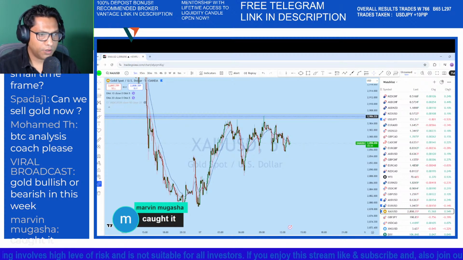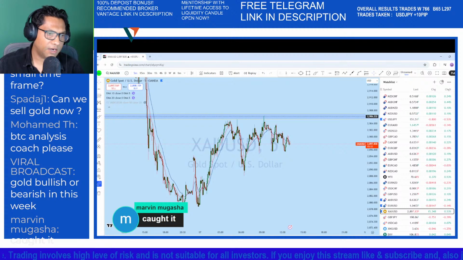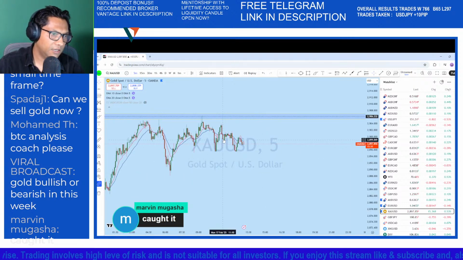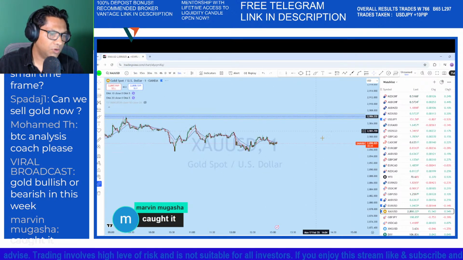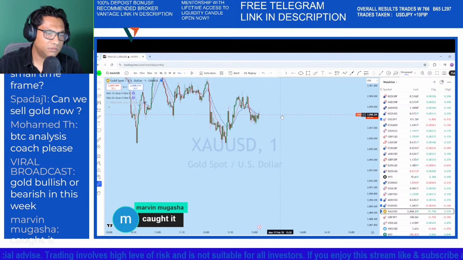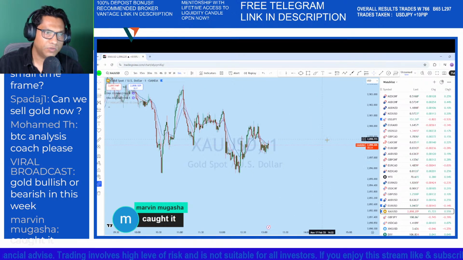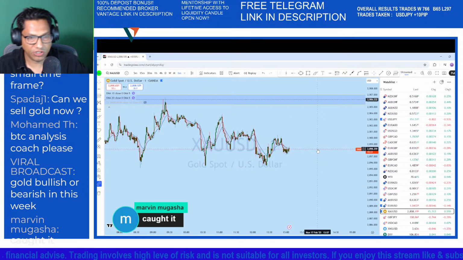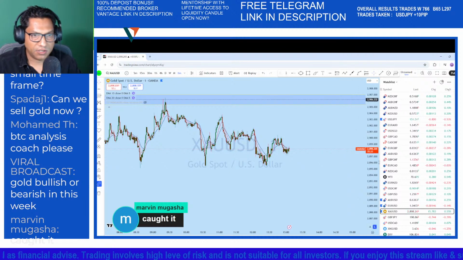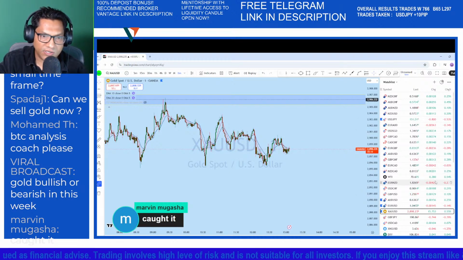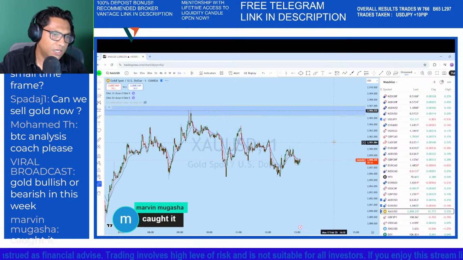Okay, so lower time frame, here you can see the market currently, looking back at the 1 minute chart, pretty choppy here, so you do not have a proper entry yet. But once we see that entry, we can look for it.